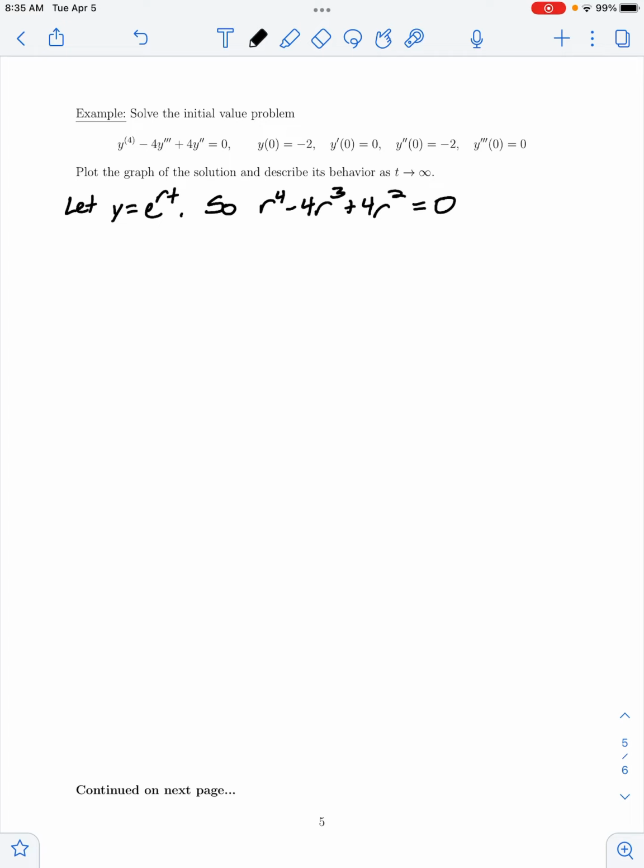And we see that we could factor out an r squared from each term, leaving us with r squared minus 4r plus 4 is equal to 0. And then that remaining quadratic can be factored as r minus 2 quantity squared. So we find that the roots of this characteristic equation are 0 with multiplicity 2 and 2, which also has multiplicity 2.